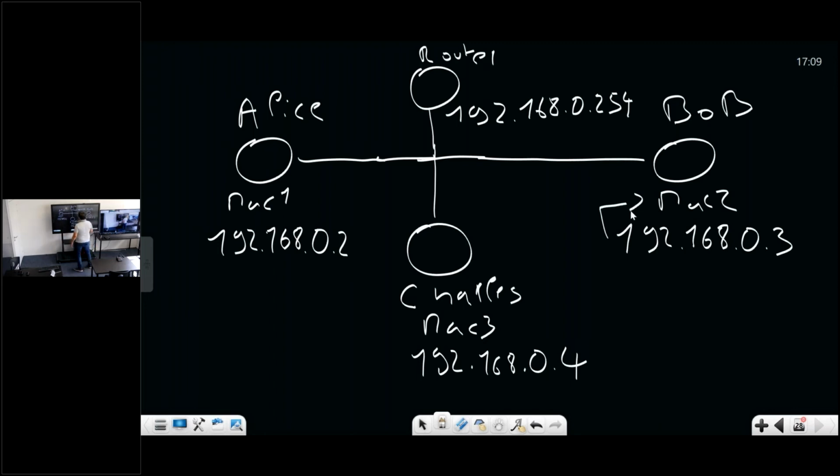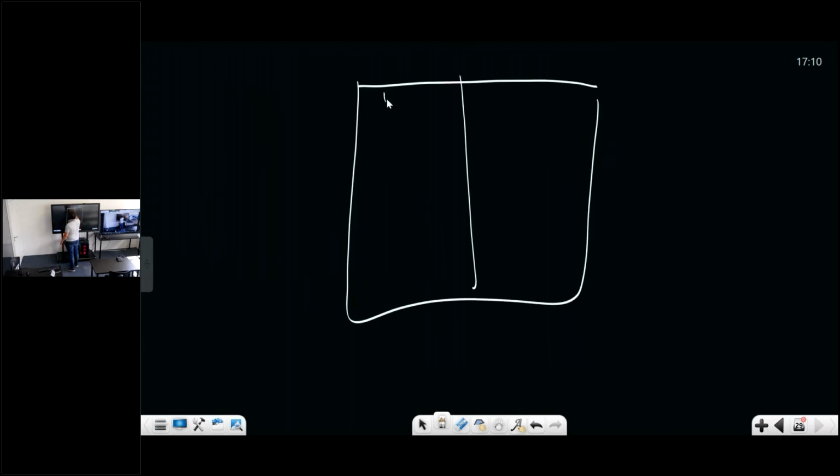So I need to link in a table, here it's IP1, IP2, IP3, and IP4. And my router will create a table with MAC and IP.